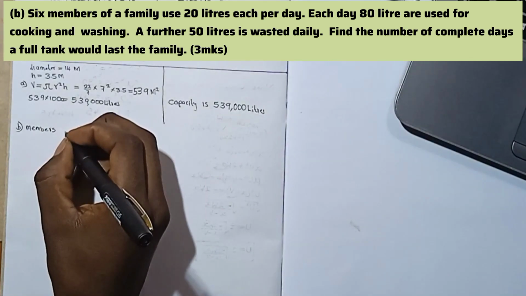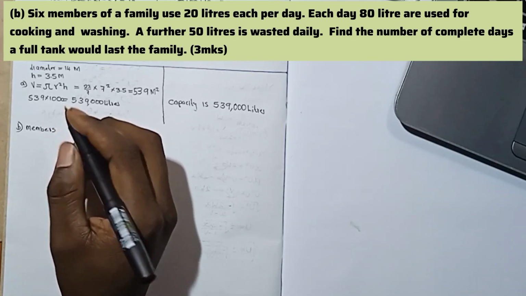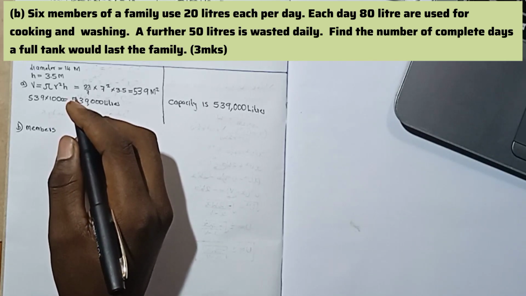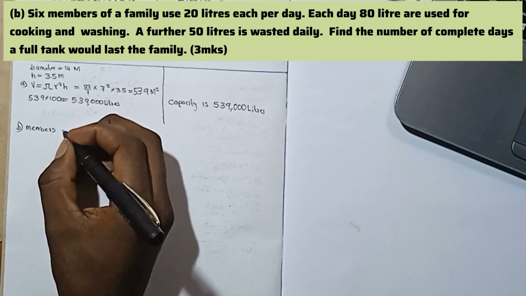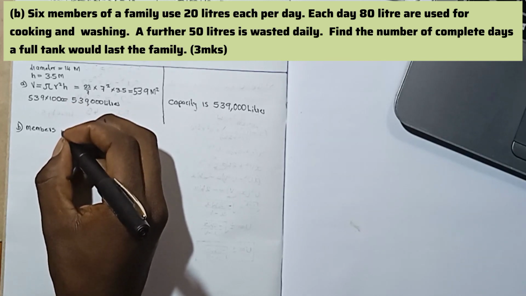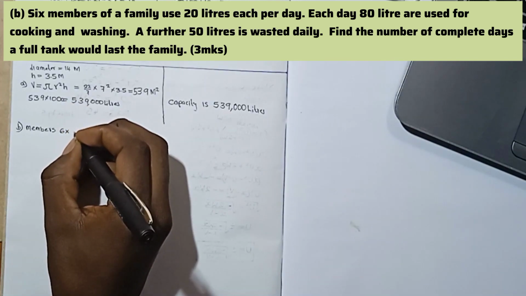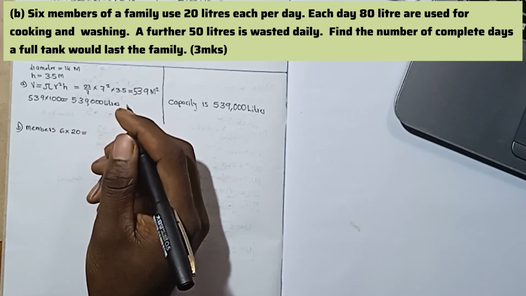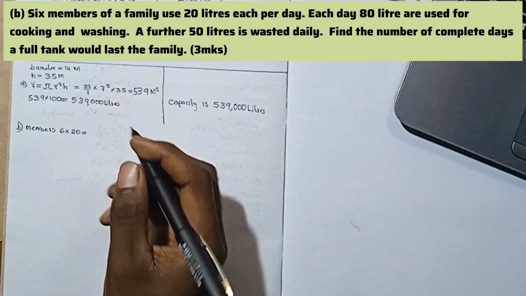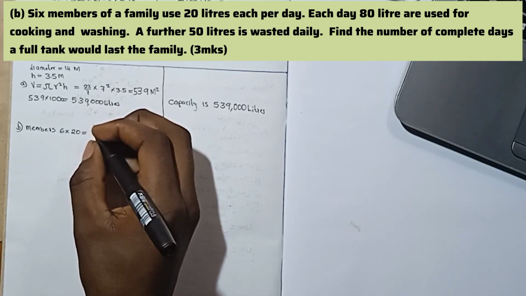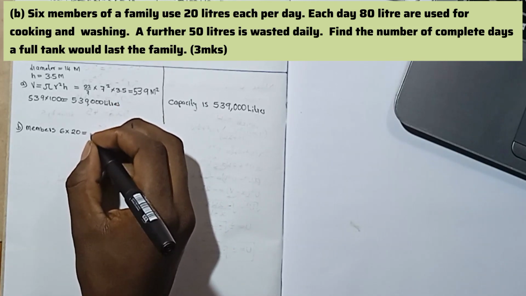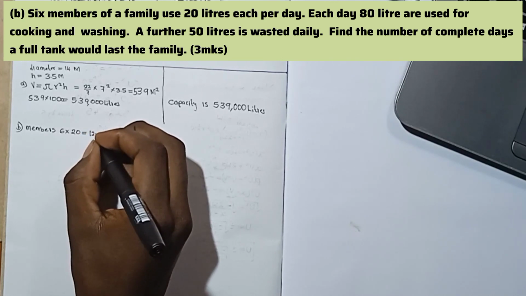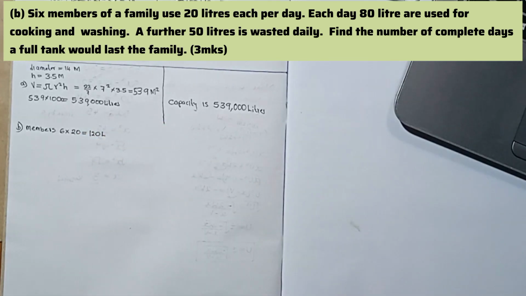To find the amount of water used by the 6 members, we are going to multiply 6 by 20 liters so that we can find the total amount of liters they use in each day, which is 120 liters a day.